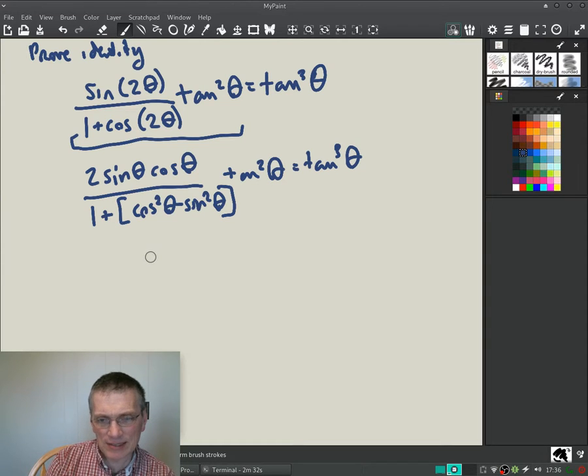It's not obvious how this simplifies, although we kind of want this to turn into tangent of theta. So we want a sine on the top, and we want a cosine in the bottom and the cosine to cancel. So we'd like to leave the cosine squared in there.